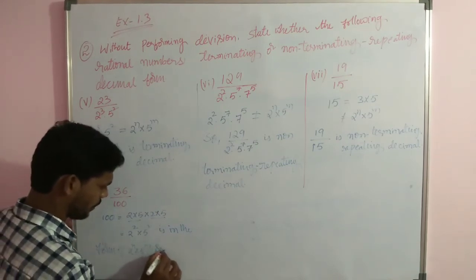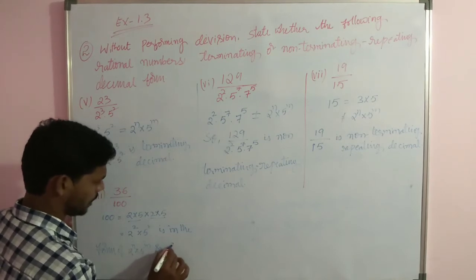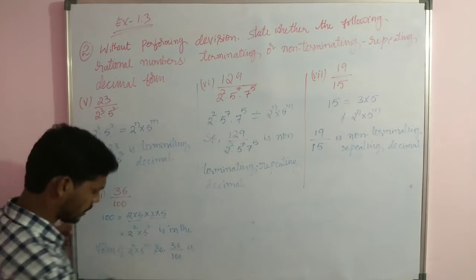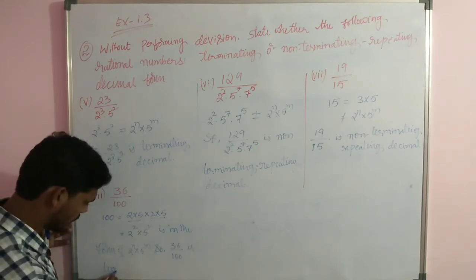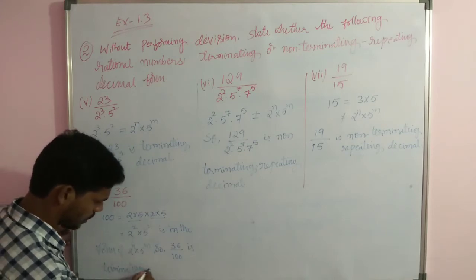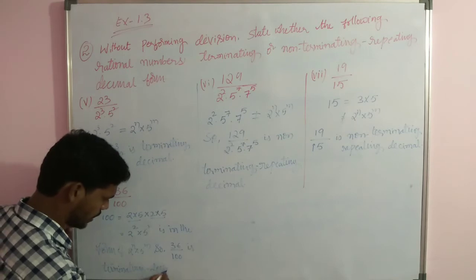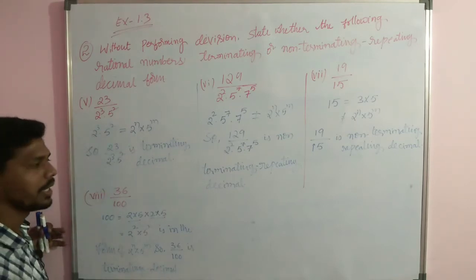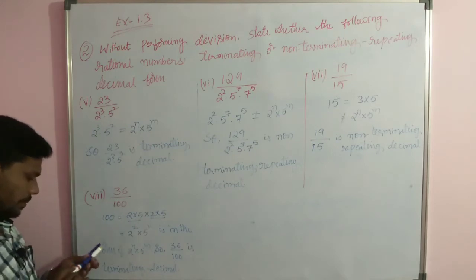So the given rational number, that is 36 by 100, is a terminating decimal. I hope you understand well by doing many examples.